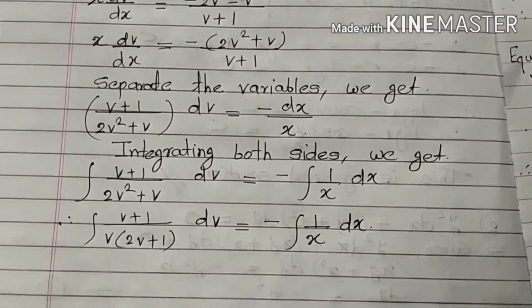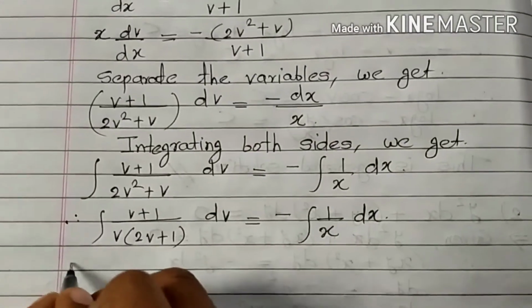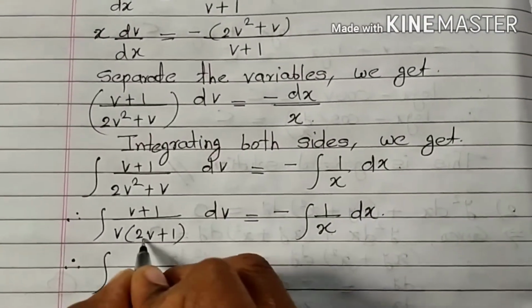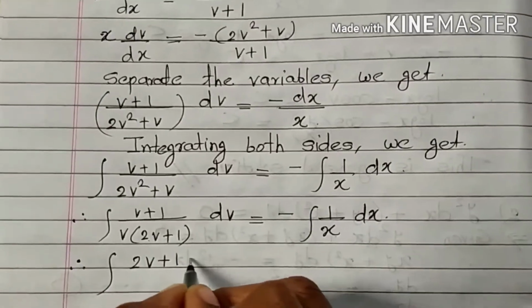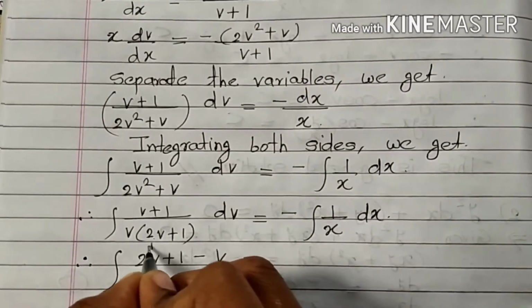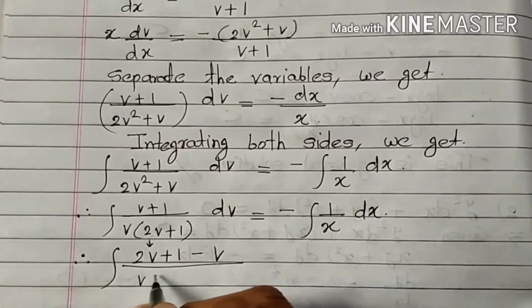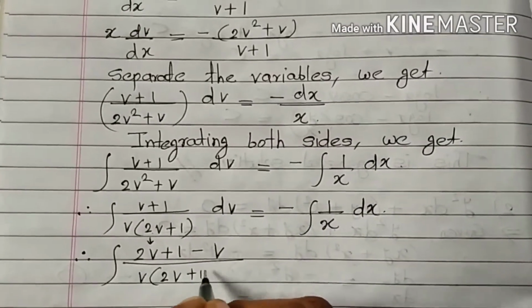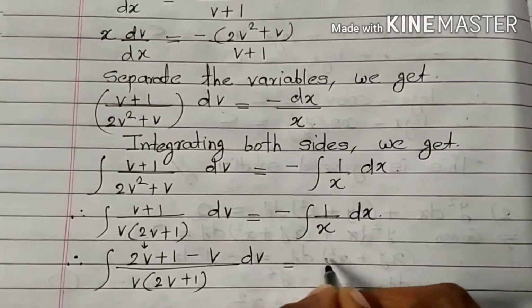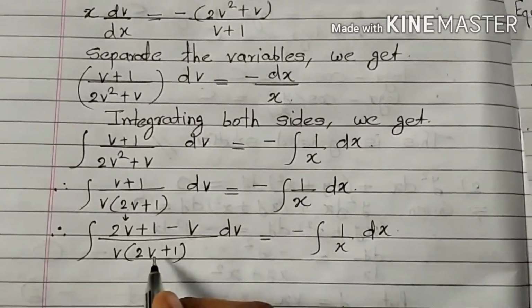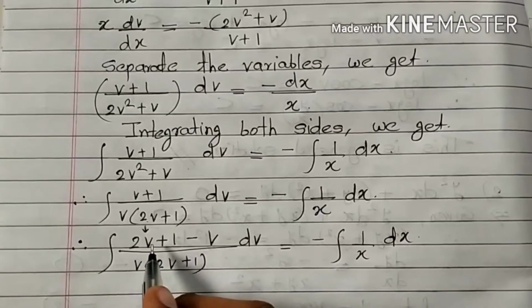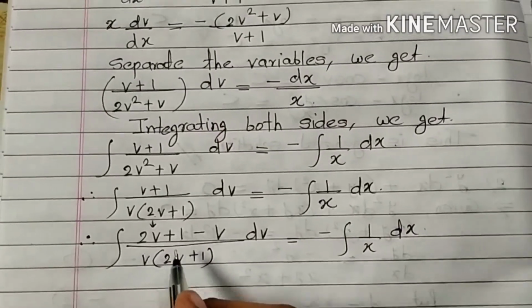Now I am taking here one adjustment, so therefore it is 2v plus v, so here 2v plus 1 minus v. This is one adjustment and this is as it is. Here I am taking one adjustment, so note that.